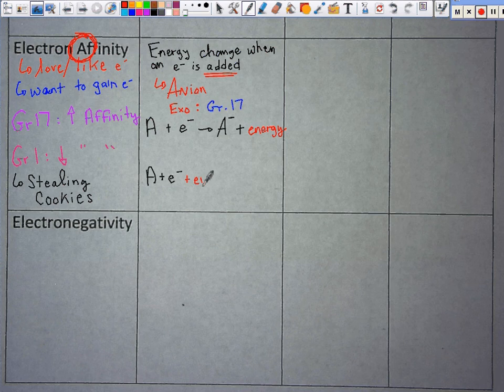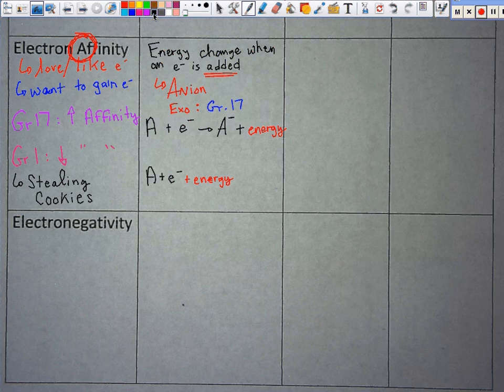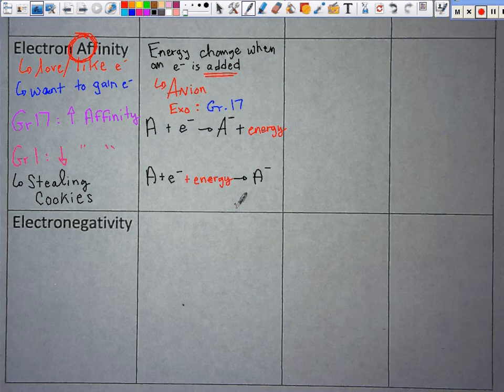What is the biggest key difference? The energies are on opposite sides. What is the reaction called when the energy goes into that reaction? Endothermic. Very good. So this one is going to be endo. What groups would you literally have to hold down and force to take an electron? Group 1. Very good.